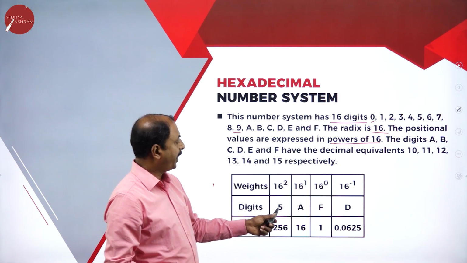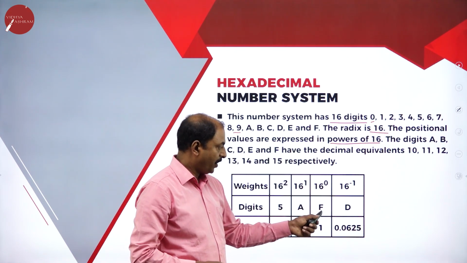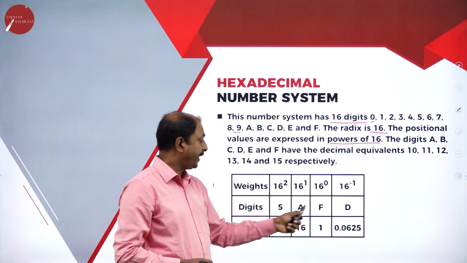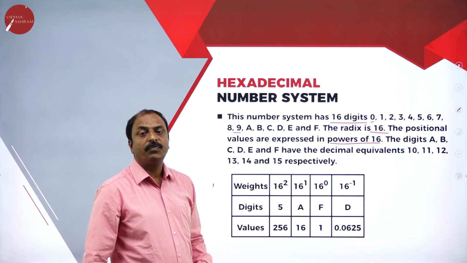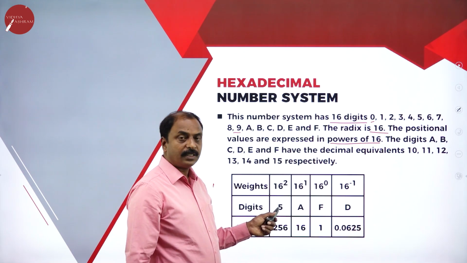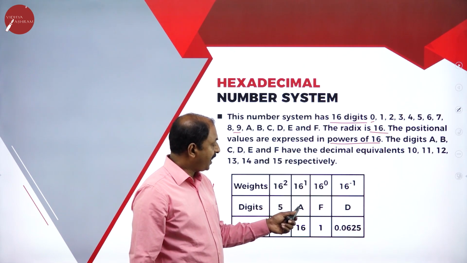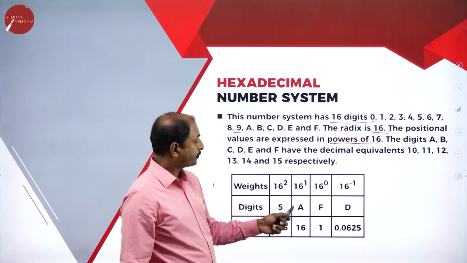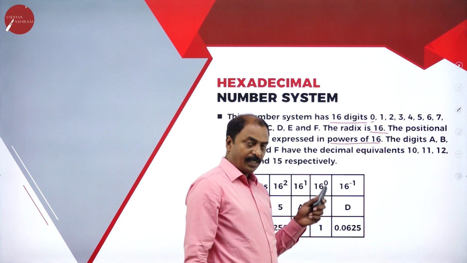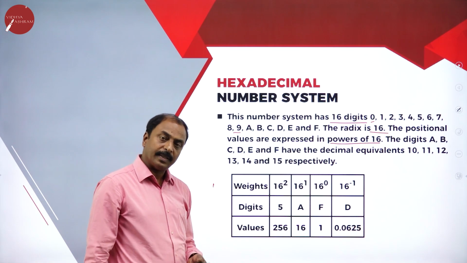Here the digits are 5, A, F, D. This is a hexadecimal number. If you look at all the digits, the digit 5 is within the limit, between 0 to F. A has a value, and so do F and D. So this is an example for hexadecimal numbers.